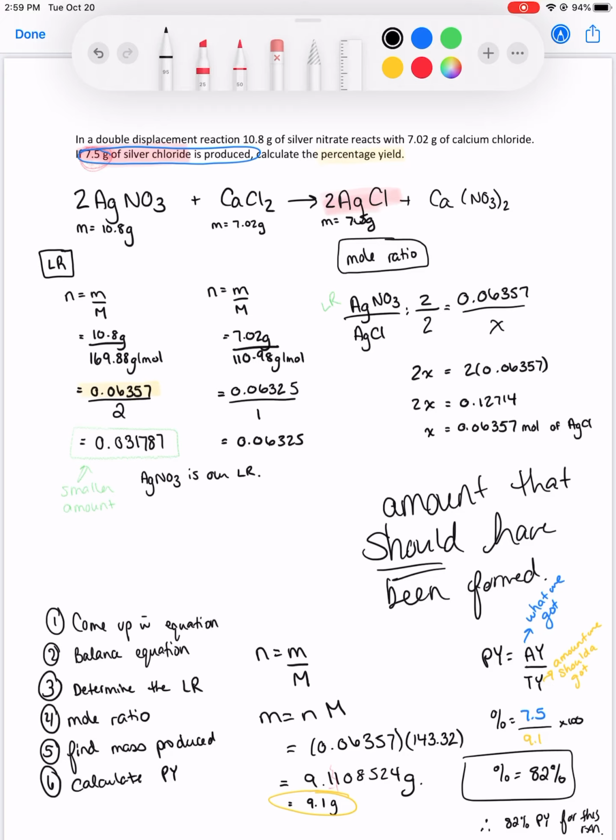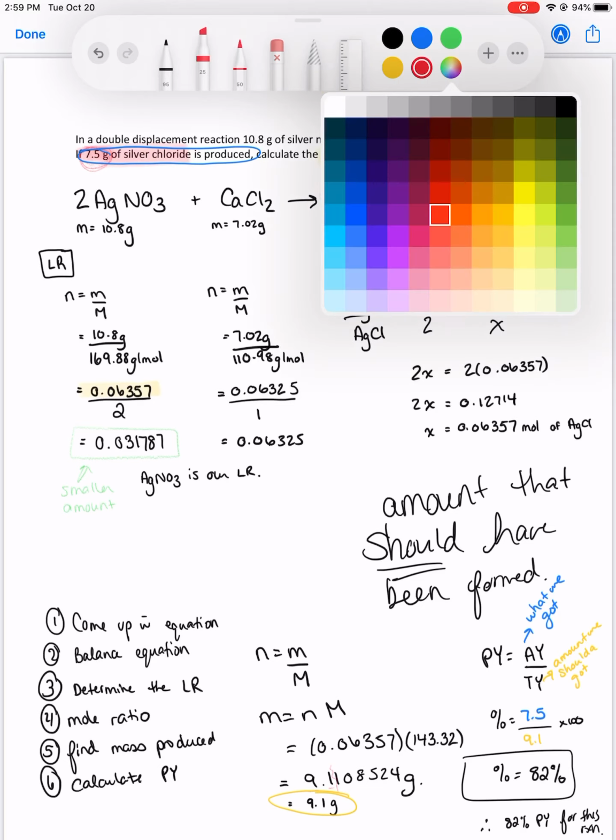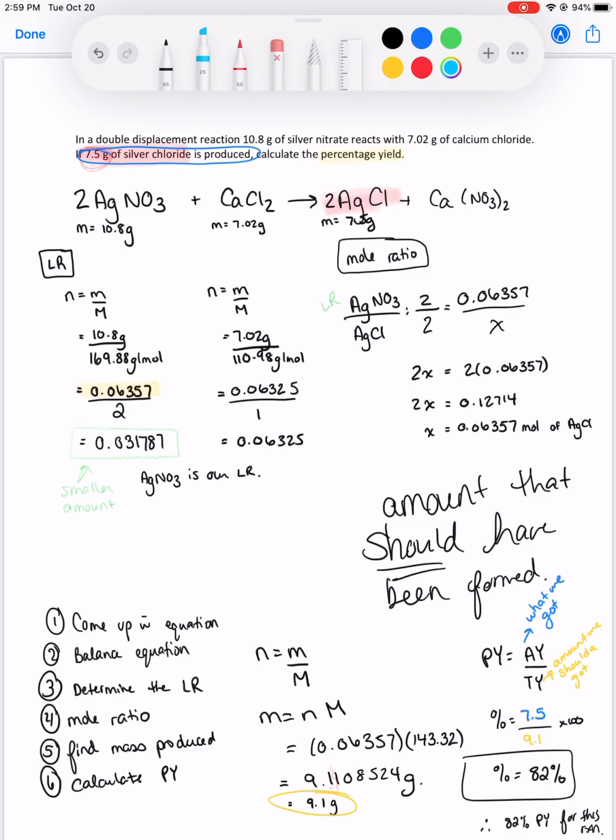So, to recap, now I'll highlight it in a different color, this blue color. Everything up to here was already done. This blue highlight was the only thing that was new.